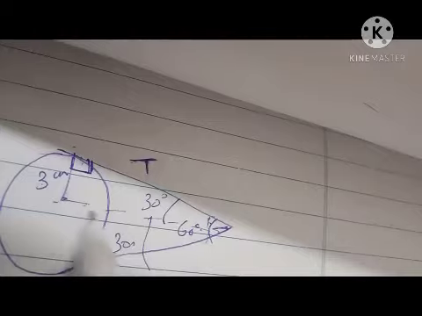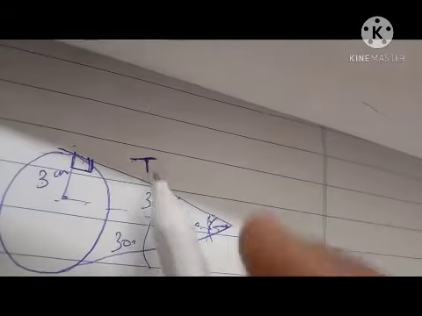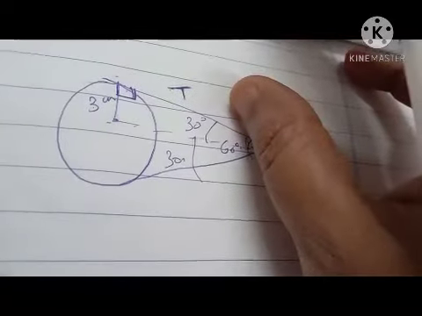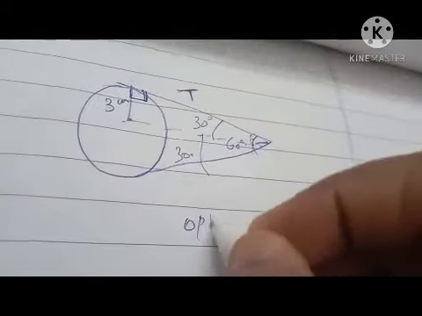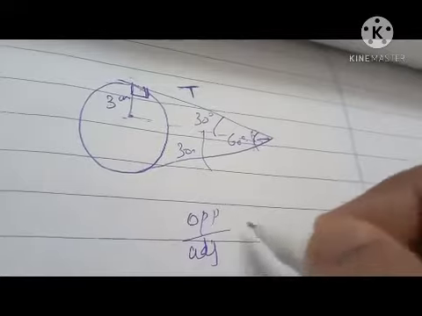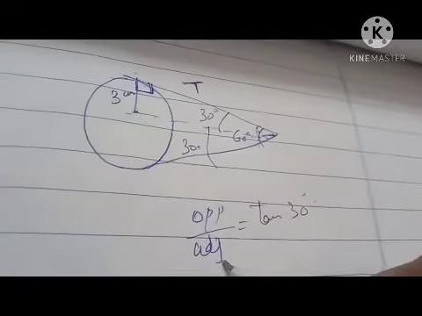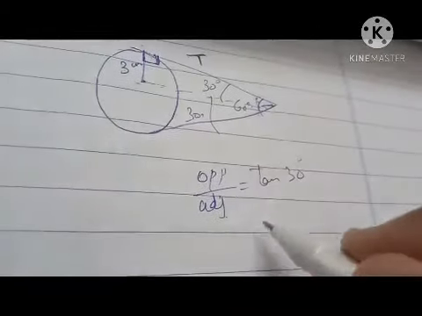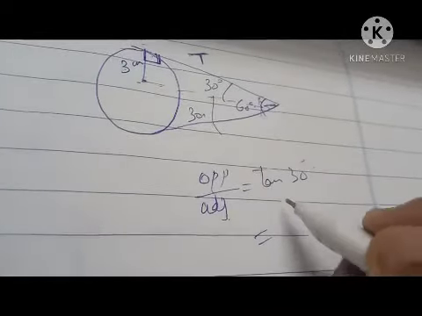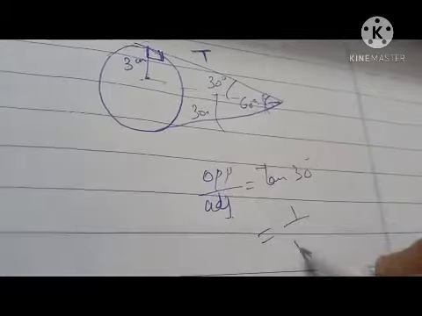This is the hypotenuse, which we need not find. So what is the relation between opposite by adjacent? Opposite by adjacent is tan 30. What is the value of tan 30? That is 1 by root 3.